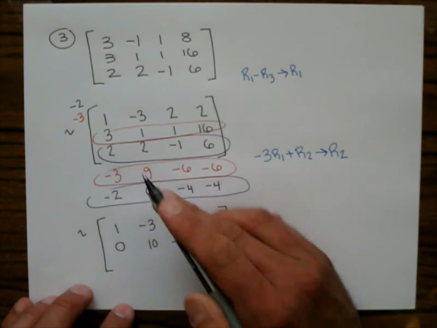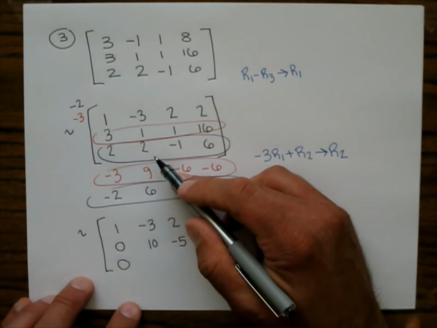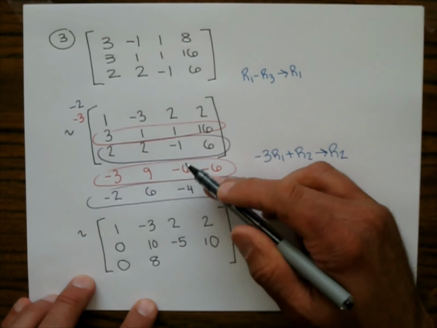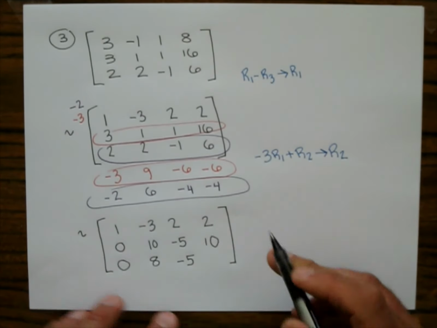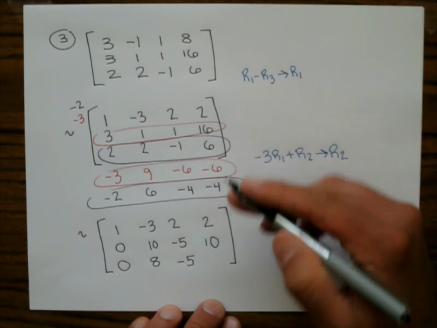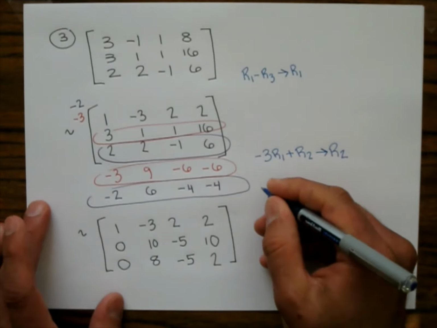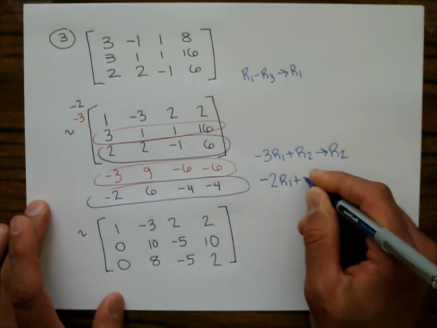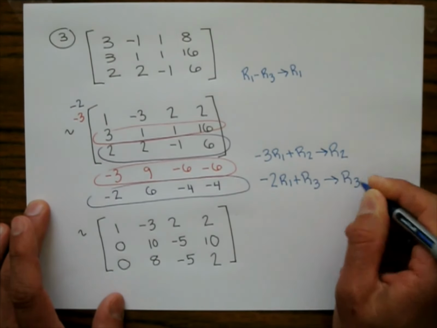So -2 plus a 2 is a 0. 6 plus 2 is 8. -4 and a -1 gives me a -5. And a -4 and a 6 is a +2. The machine language for that was -2 times row 1 plus row 3 gives me the new row 3.